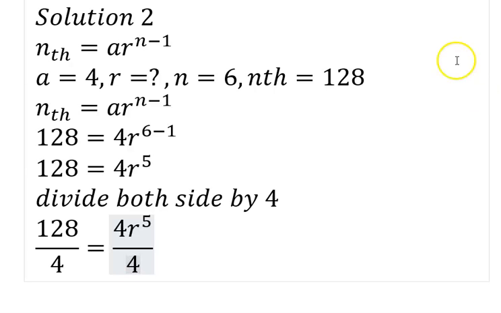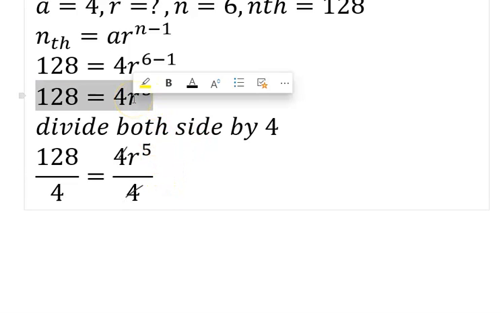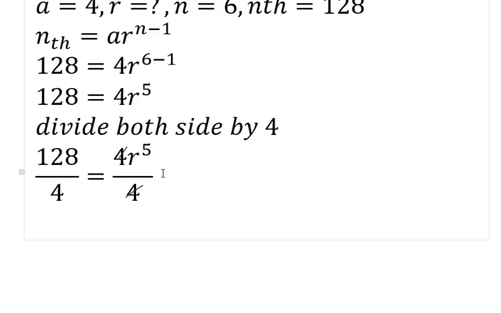So having done that, our 4 can cancel out. We actually want to get our common ratio, our R, because without it, we cannot solve what the question is actually asking from us. So let's just get this as a template.